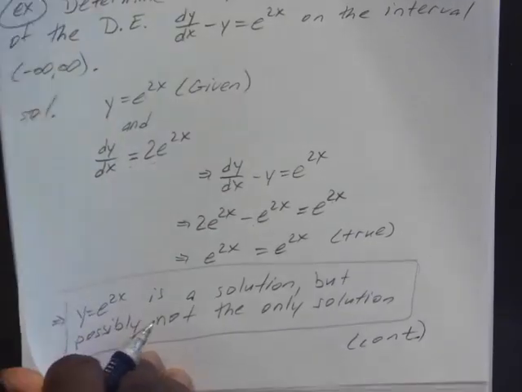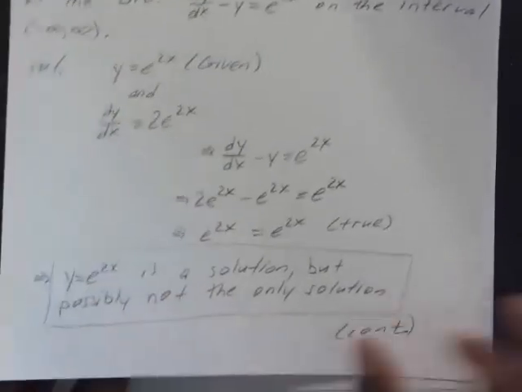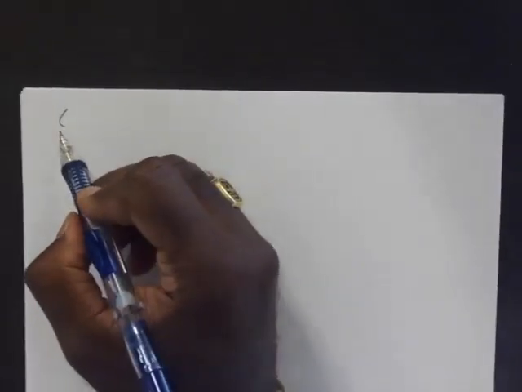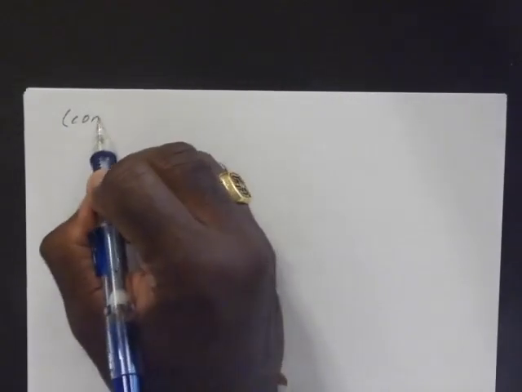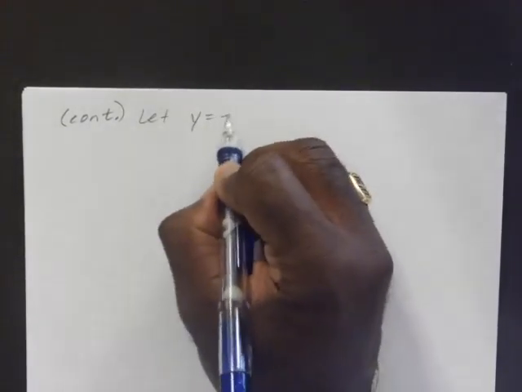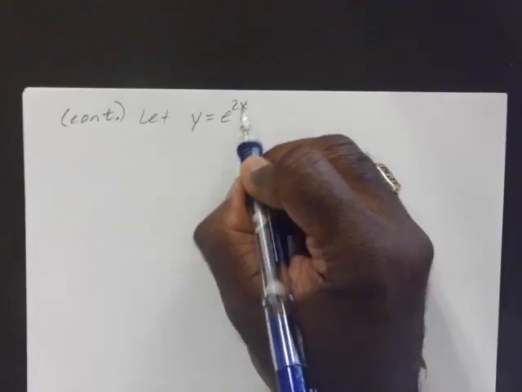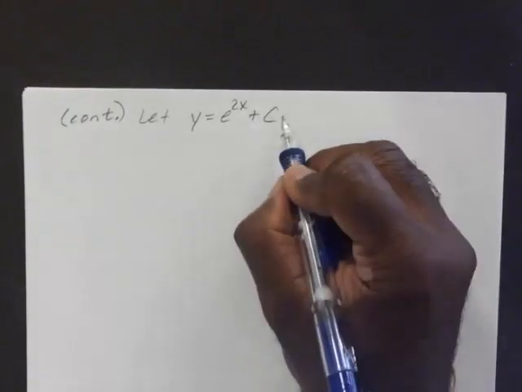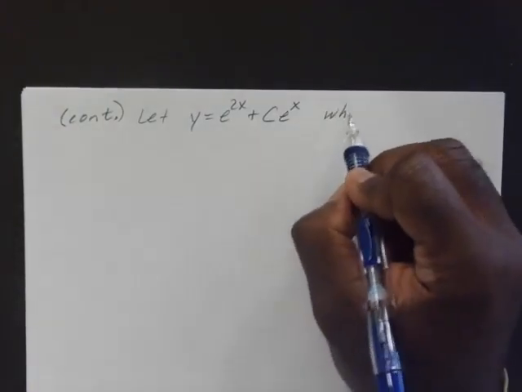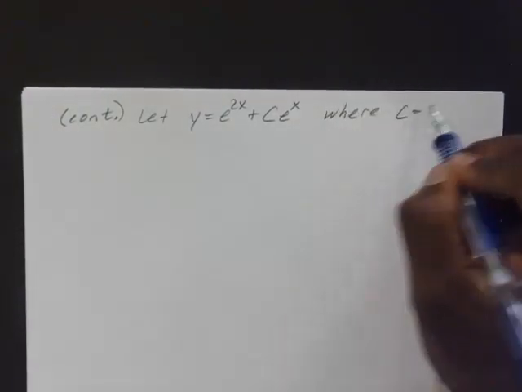Okay, so let's say instead of letting y equal e to the power of 2x, what if we let y equal e to the power of 2x plus some constant times e to the power of x, where c is equal to constant.